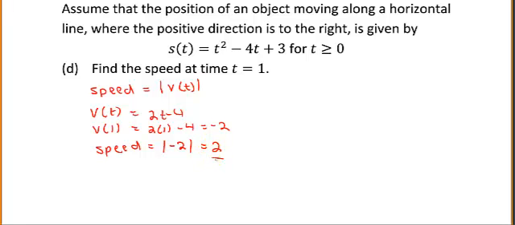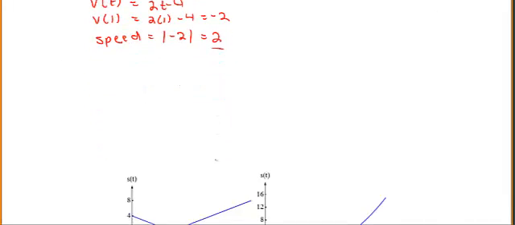So at time t is equal to 1, the object was moving in the negative s direction at 1 distance unit per time unit, whatever those were, we didn't specify, but the speed was positive 2 in that direction.